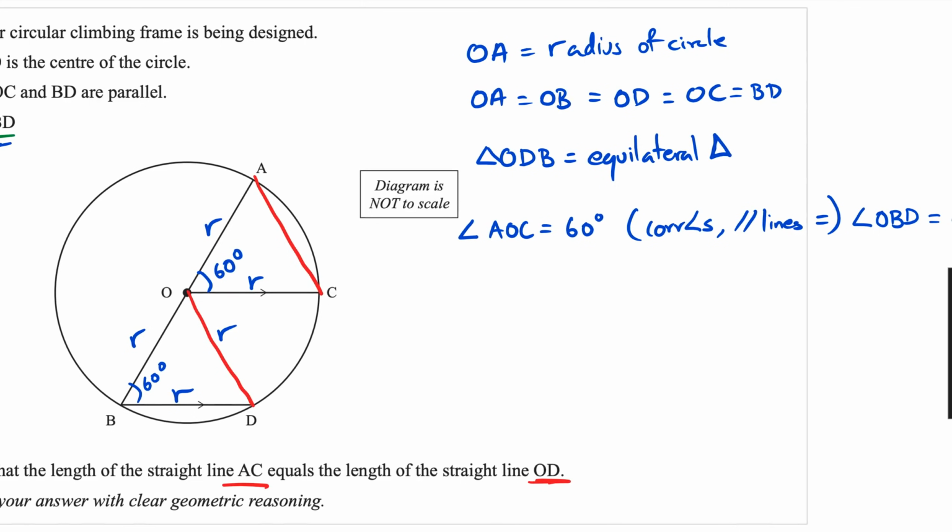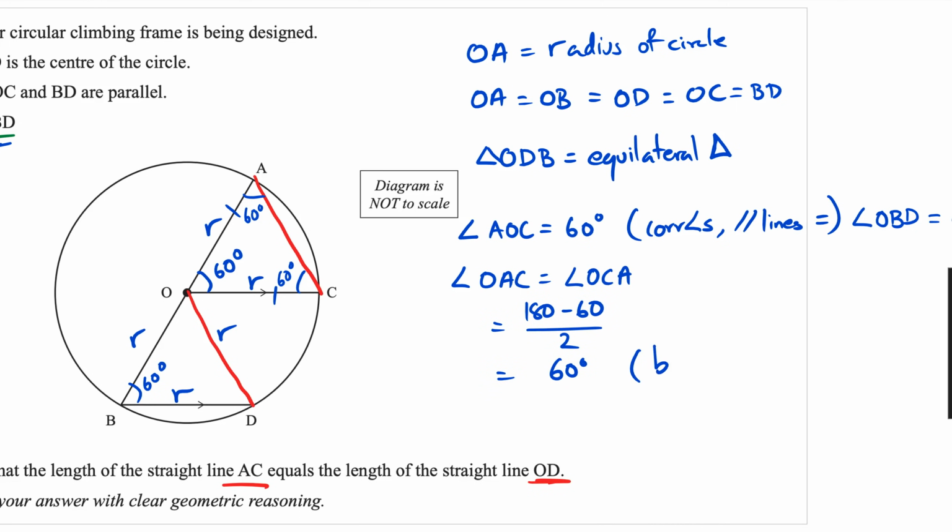Now, because angle AOC is 60 degrees, and we've got base angles of an isosceles triangle, this is also going to be 60 and 60. So we're going to write that down. Angle OAC equals angle OCA, and we're going to do 180 take away 60 over 2, which is equal to 60 degrees.